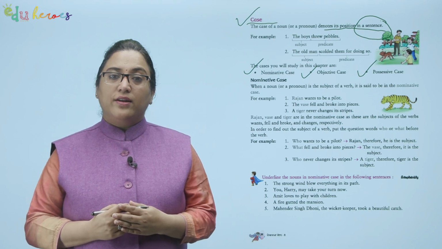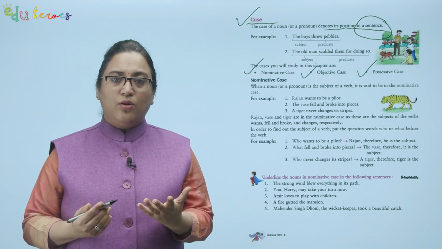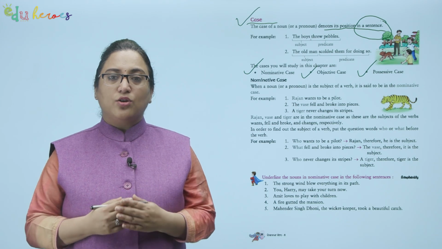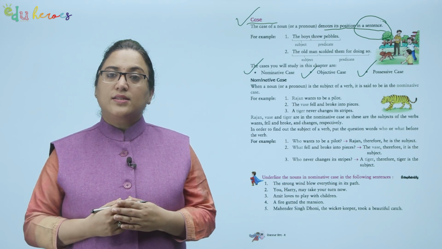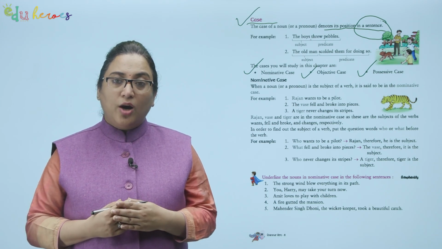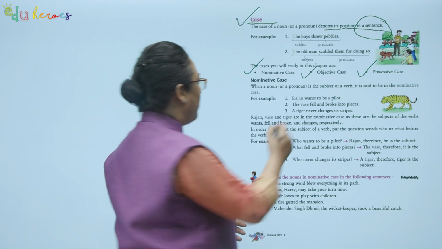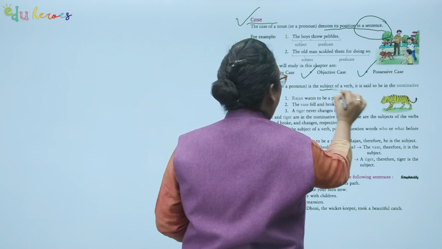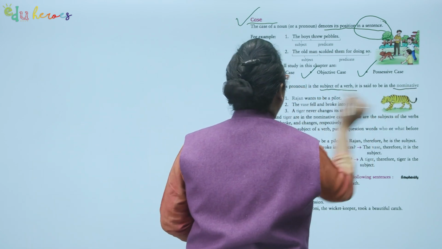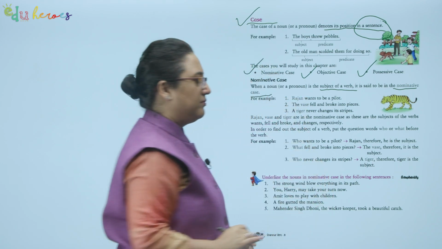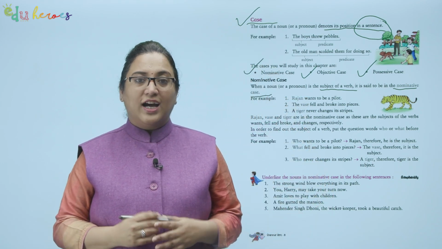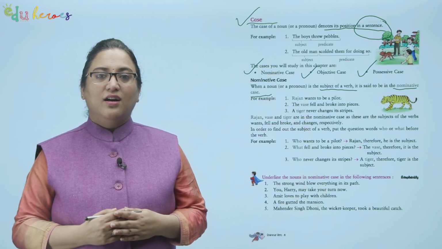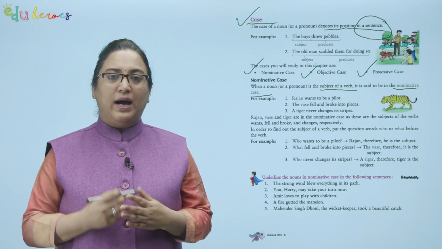Children, when a noun or a pronoun is the subject of a verb, it is said to be in the nominative case. So of course it is a subject but of a verb, then nominative. Let's understand through these examples. Rajan wants to be a pilot.